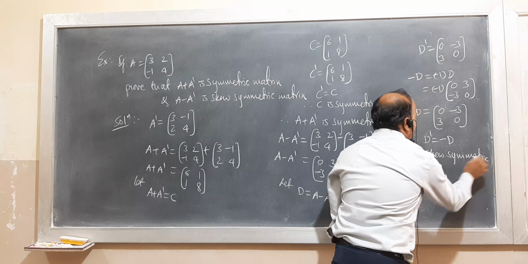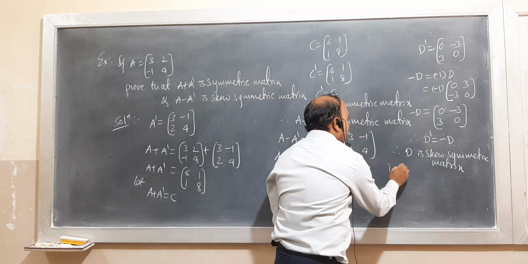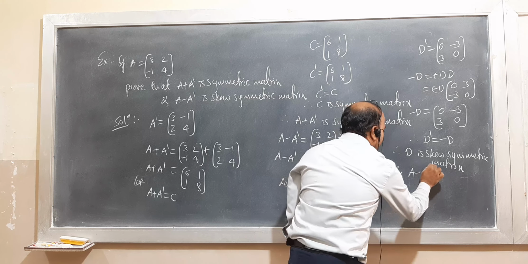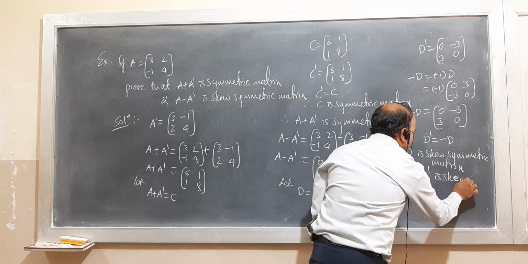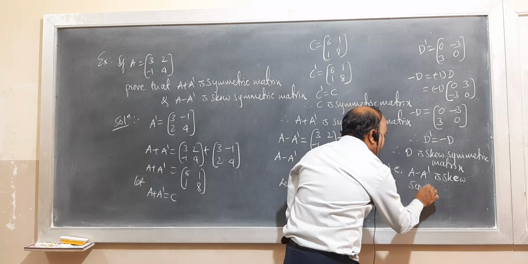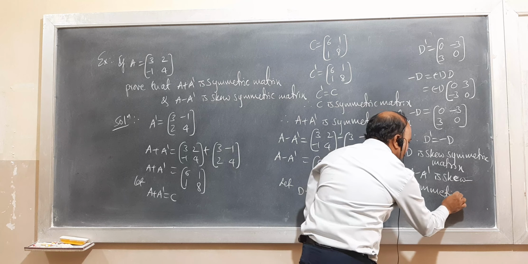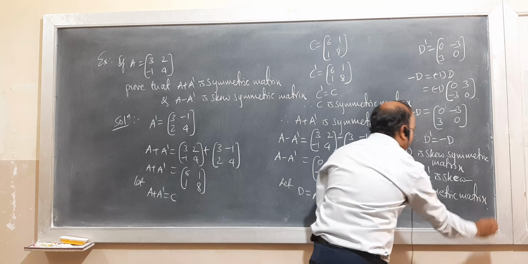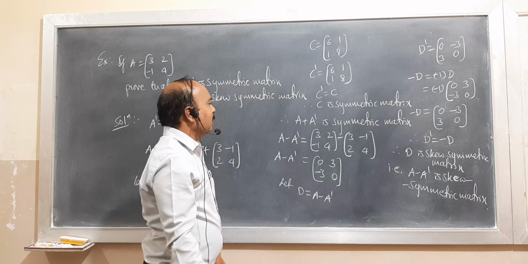That is, D means what you have taken? A minus A dash. A minus A dash is a skew symmetric matrix. So it is satisfying for all square matrices.